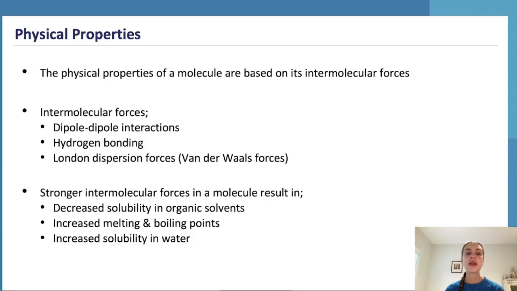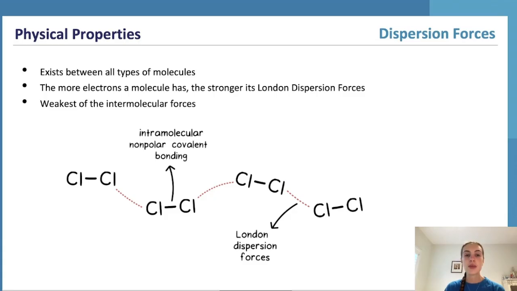So intermolecular forces are going to include dipole-dipole interactions, hydrogen bonding, and London dispersion forces, which are otherwise known as either just dispersion forces or van der Waals forces. And so stronger intermolecular forces in a molecule are going to result in decreased solubility in organic solvents, increased melting and boiling points, and increased solubility in water. So we'll look at these in more depth.